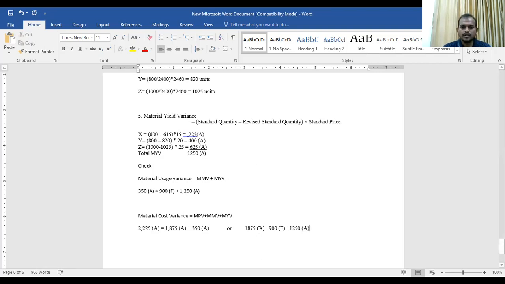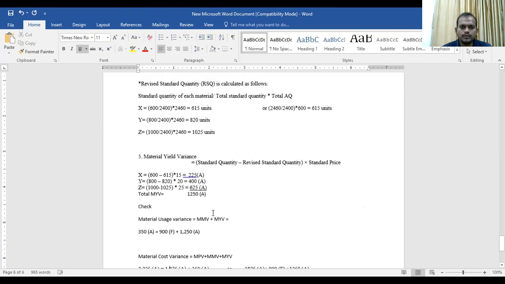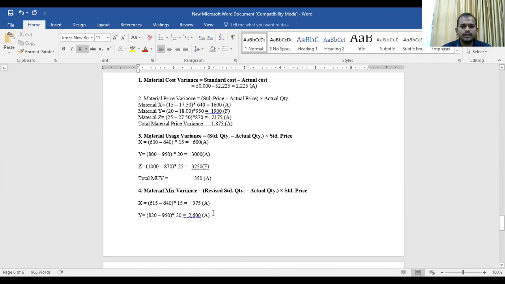Or we can mention it like this. So this is the material usage variance and this is the material price variance. Okay, this is how we have to calculate the material variances.